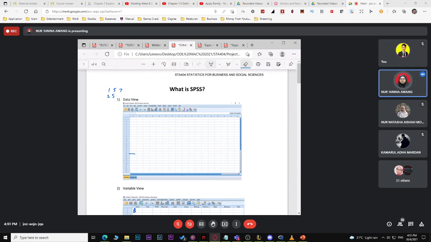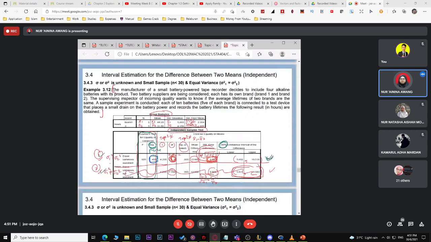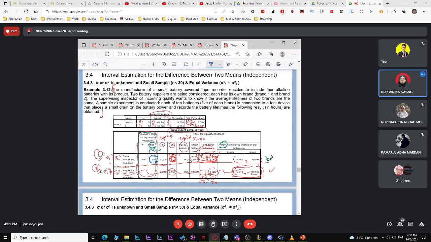Contohnya you suruh test on the mean. Kalau contoh kat dalam soalan ni, dia bagi tahu battery lifetime. So battery lifetime ni adalah you punya numerical data, and then you ada dua group, 1 dengan 2.